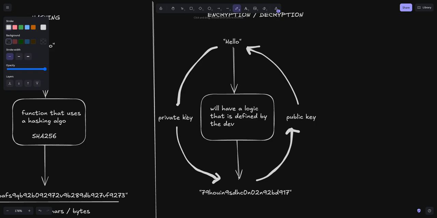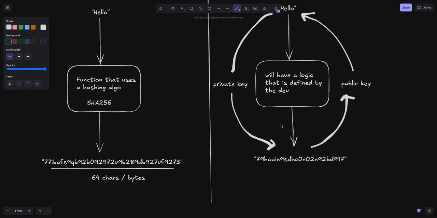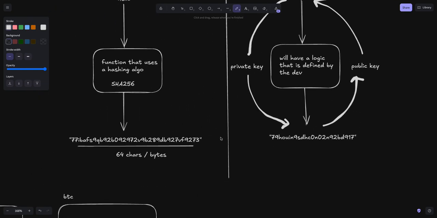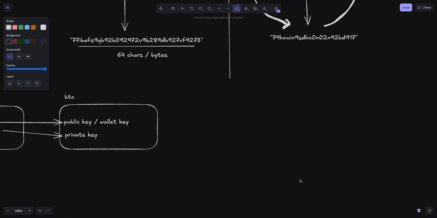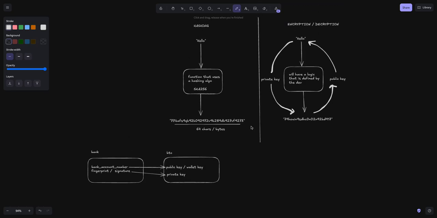How do we get the pair? Whenever you generate a key, you get a pair only, right? I hope you got this. So in hashing, we go one way, we can't go back. In encryption, we can go forward with the help of the private key, and we can go back to the original thing with the help of the public key. And the length here is constant. Here, based on the algorithm, it can be constant or it can vary. I hope you understand the difference.